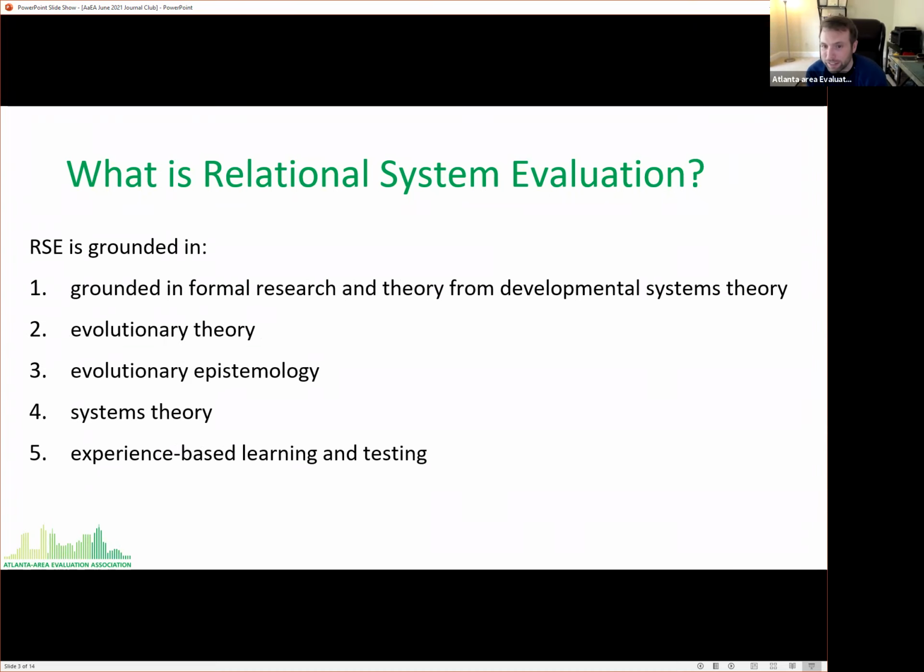RSE is grounded in formal research and theory from developmental systems theory. It pulls in quite a bit from evolutionary theory, specifically the evolution of programs, how they change over time.